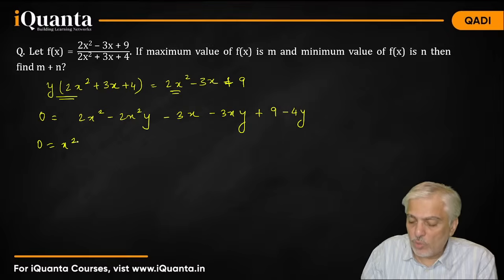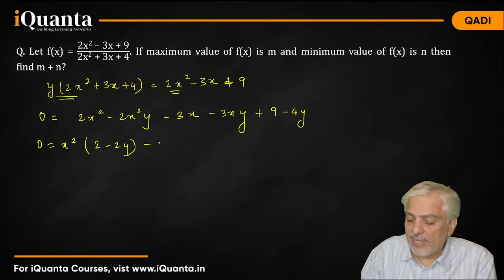So we've got x square common, 2 minus 2y, minus x common, 3 plus 3y, plus 9 minus 4y.